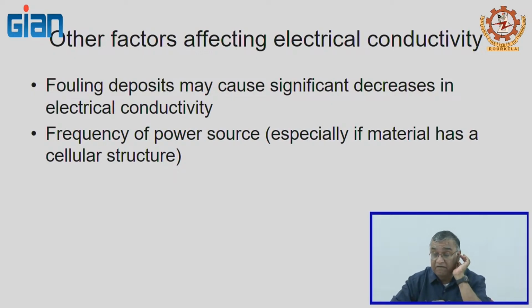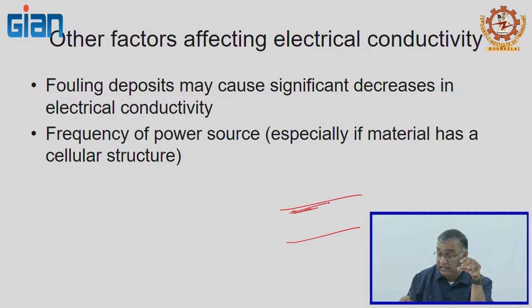The other factor affecting the electrical conductivity of the material is the fouling. Remember, fouling is when you process a protein product, like for example, egg yolk or milk or any protein products, you are heating, you are going to have deposits on the heat exchanger surfaces. That's the fouling, and that needs to be removed. If you don't remove it, it's going to reduce the heat transfer to the heat exchanger surface.